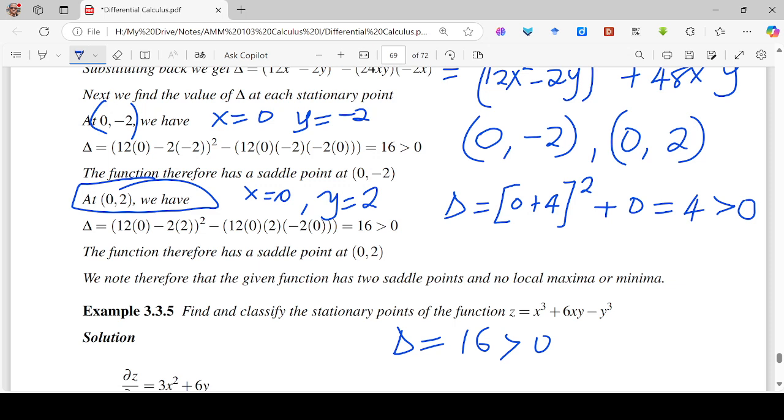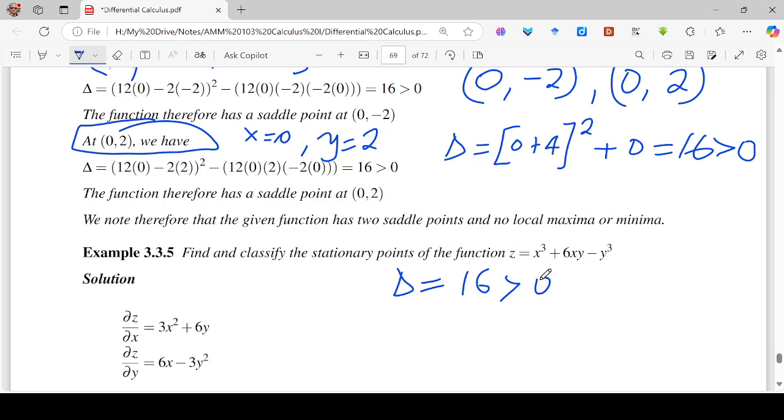The earlier one was also 16, not 4, because it is 4 squared. So again, delta is 16, which is positive, and so again, the point (0, 2) is a saddle point. So this function has two saddle points. It has no local maxima, neither does it have a local minima, but it has two saddle points.